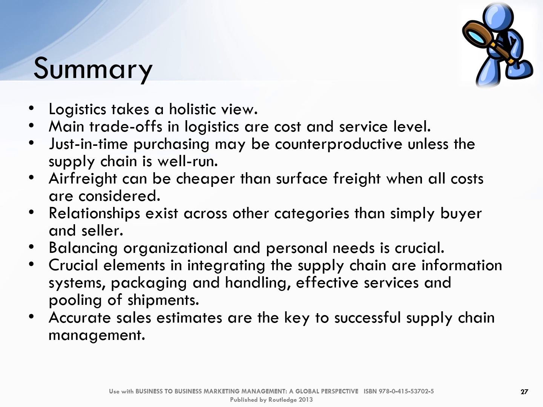Relationships exist across other categories than simply buyer and seller. Balancing organizational and personal need is crucial in supply chain management. Crucial elements in integrating the supply chain are information systems, packaging and handling, effective services, and pooling of shipments. Accurate sales estimates are the key to successful supply chain management.